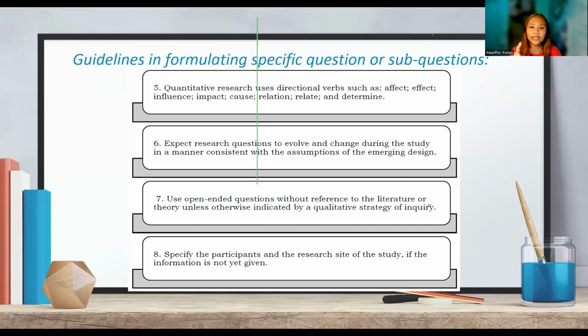And then the last guideline would be to specify the participants and the research site of the study if the information is not yet given.